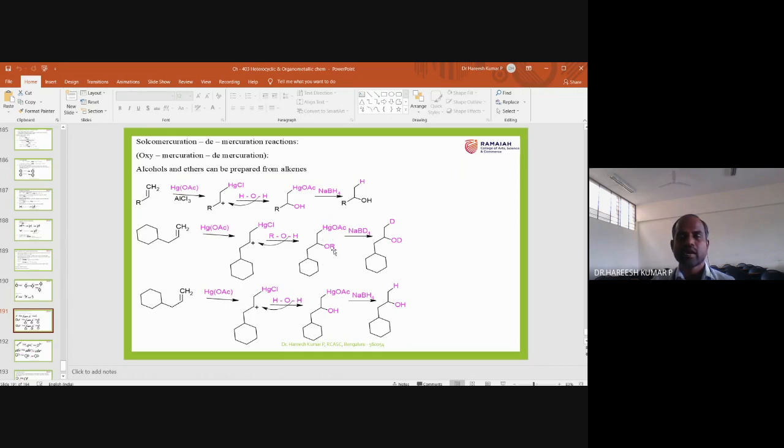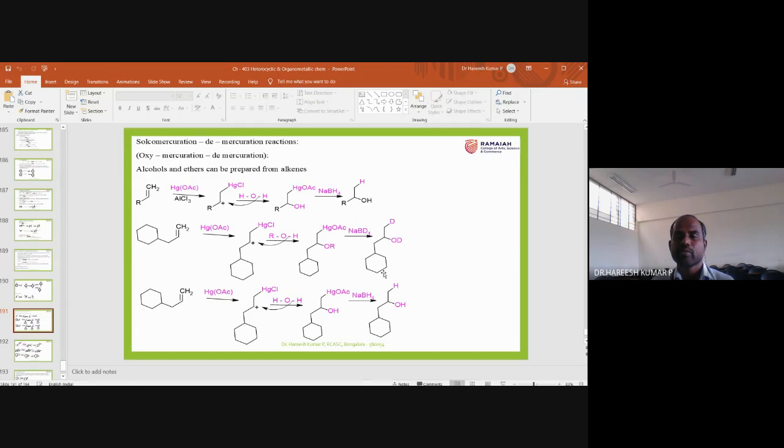This you can say is oxymercuration. This product is the oxymercurated product. From here to here is demercuration. What is the source used for the demercuration? Sodium borodeuteride, sodium tetradeuterioborate. Here D minus will act as the source. That D minus attacks this carbon and this Hg goes along with this bonded pair.